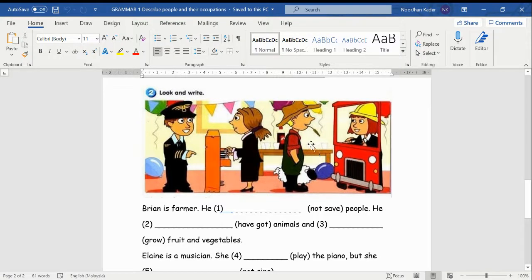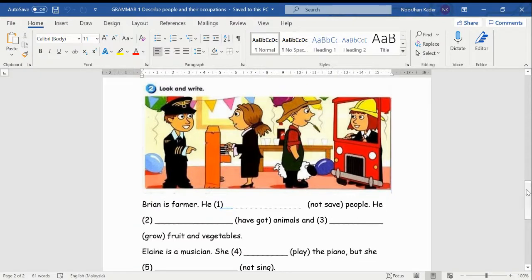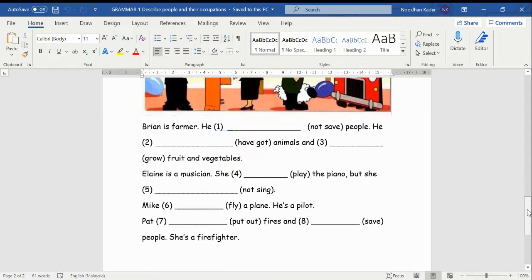He certainly looks like a farmer. That's Brian. So picture number 3 is Brian. So the blanks that we have to fill in for Brian are 1, 2, 3. So that is the first description. It's all in one paragraph.